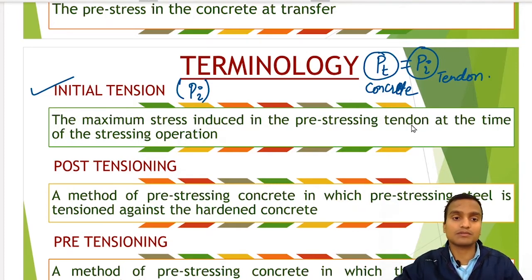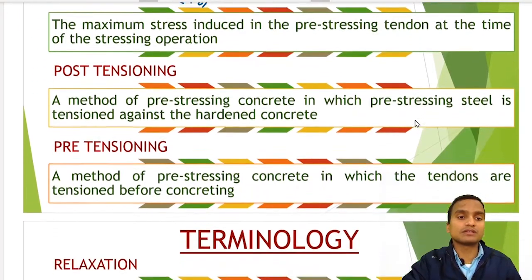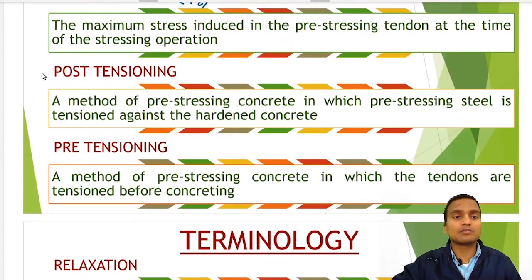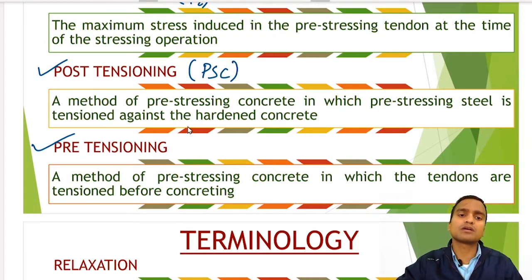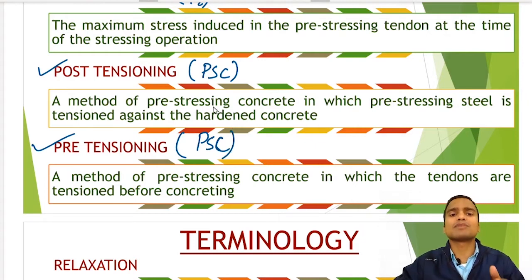of stressing operation. Now in this list of terminology we have again put here post-tensioning and pre-tensioning, and you must be well aware now what is post-tensioning. Post-tensioning means what? It's a method of pre-stressing concrete. दोनों देखिए, दोनों के दोनों pre-stress concrete ही हैं. ठीक है, but in post-tensioning it's a method of PSC in which pre-stressing of steel is done against the hardened concrete.